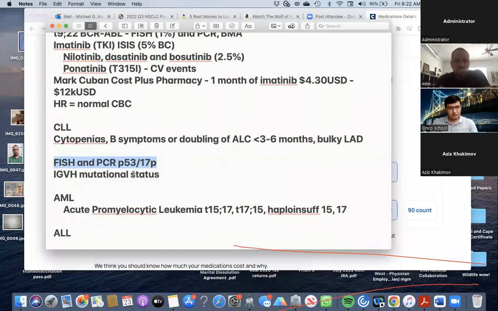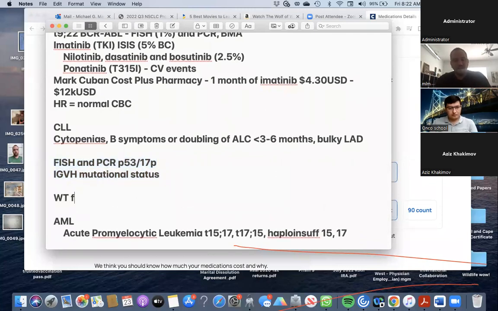Looking at someone with CLL who then needs treatment, who is wild type for p53 and 17p, and is mutated at the heavy chain loci, you can consider giving them FCR chemotherapy, which I assume you have FCR available.